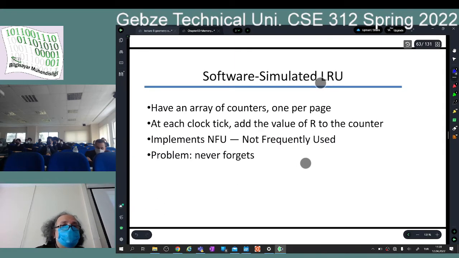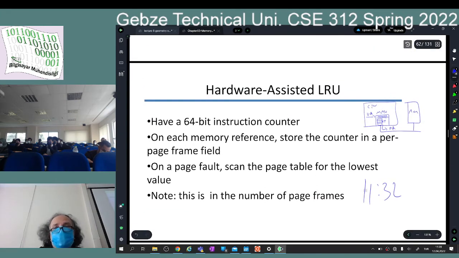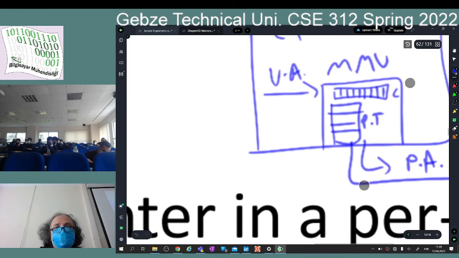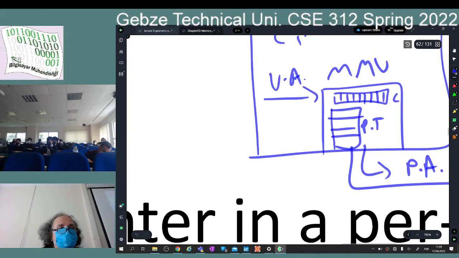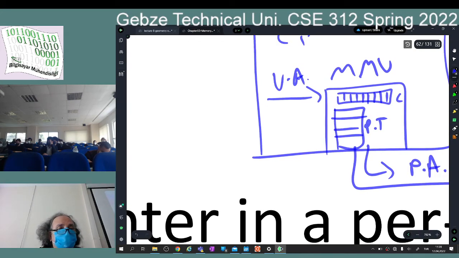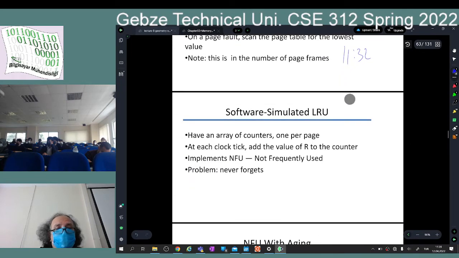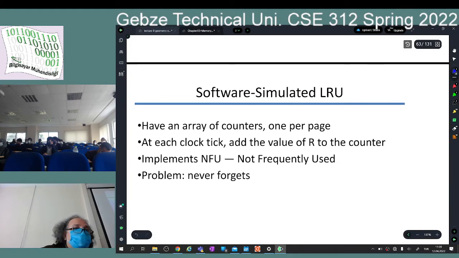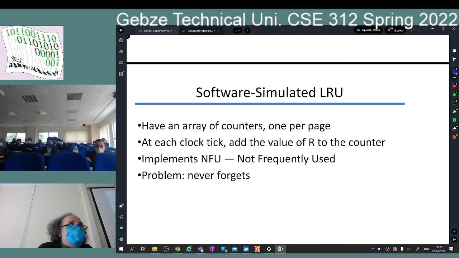So I am looking at the software simulated LRU. Again, we have an array of counters, one per page. Each page has a counter in it, like the hardware assisted LRU. And this time I am doing this processing at every clock tick, not every memory reference.